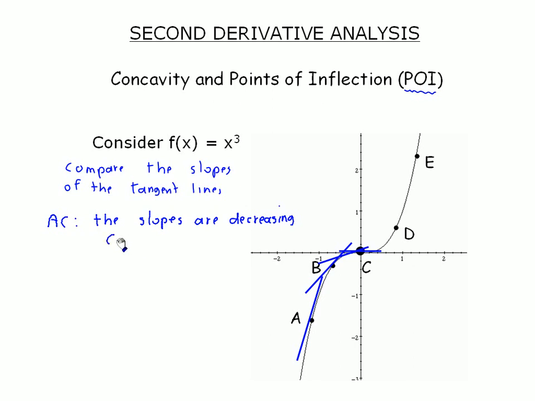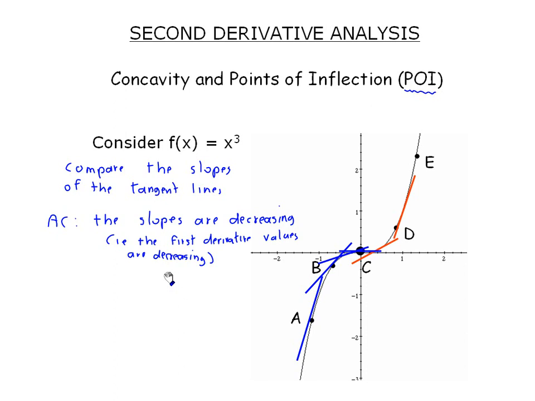So let me make a note on this. That is the first derivative values are decreasing. And then, if you were to go on further, in the interval just past C, CD, the slope is increasing now.